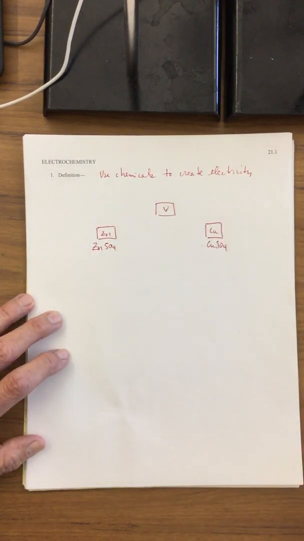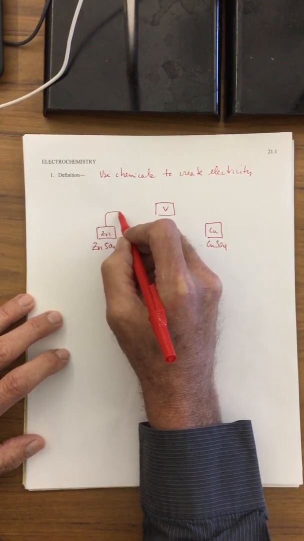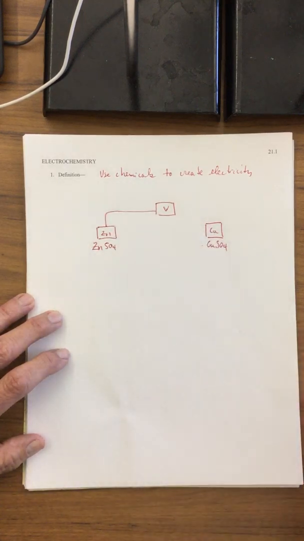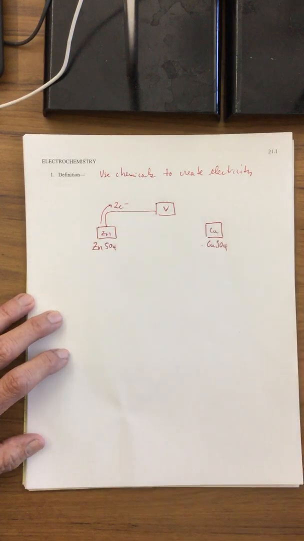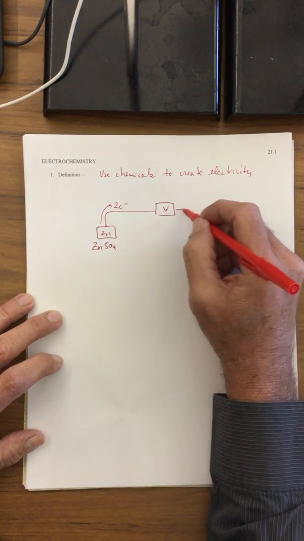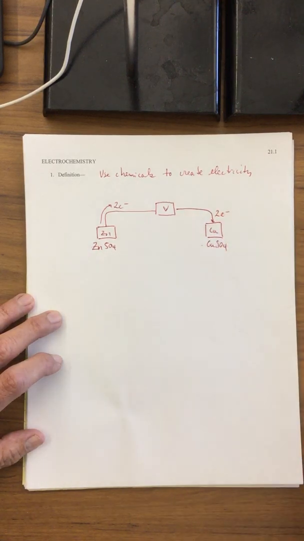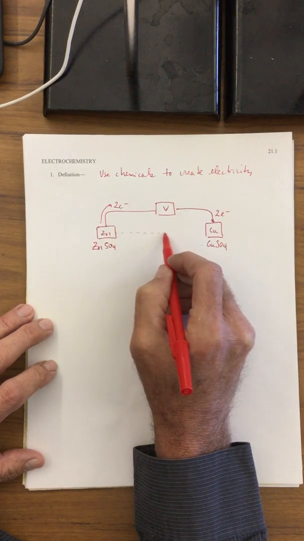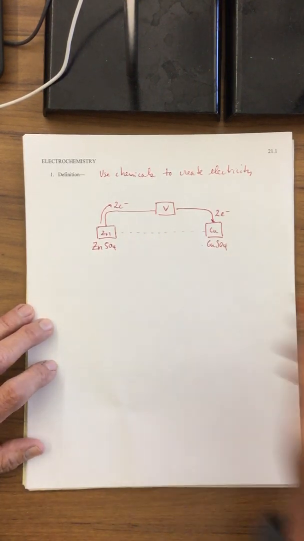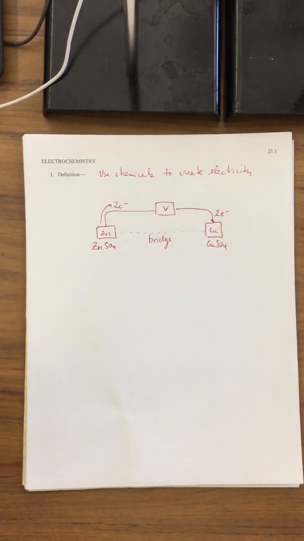I'm going to just put a big V for volt, and the electrons were able to transfer through the electrodes of the voltmeter, and out came two electrons, and then those electrons went into the copper. Now we needed to complete this circuit, which is what's called a bridge, and there's a video that I want you to watch, and it's going to be called a salt bridge.